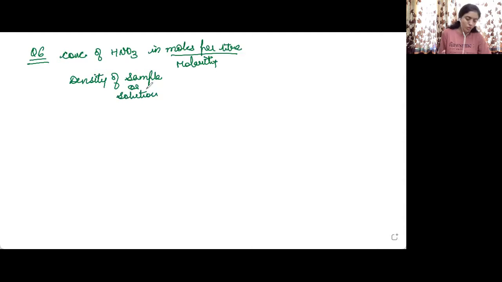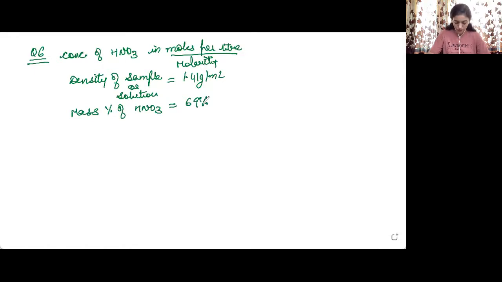Sample will be the solution only, a solution of HNO3. The density of the sample is given to be 1.41 gram per ml, and the mass percent of HNO3 is given to be 69%.